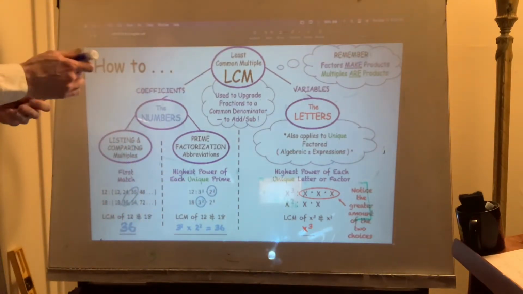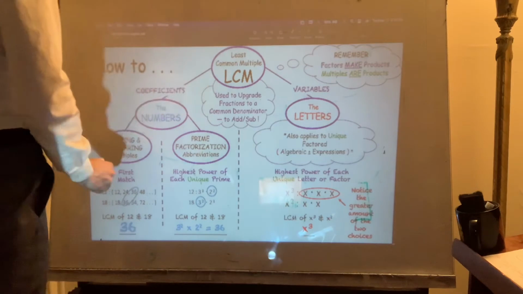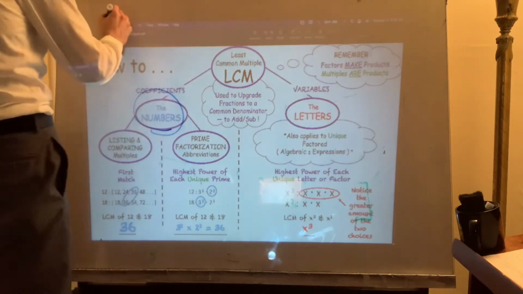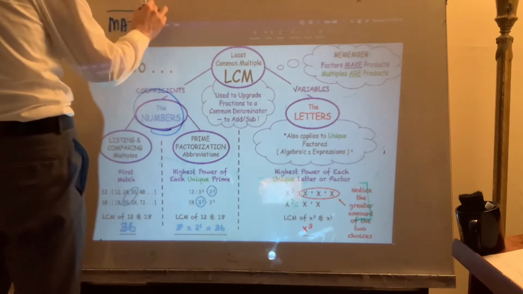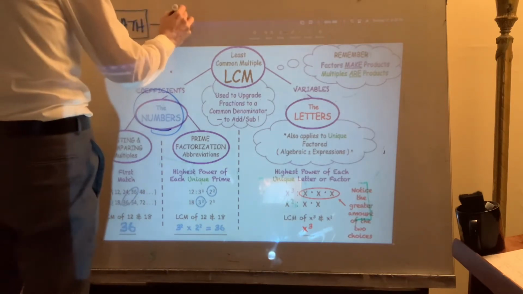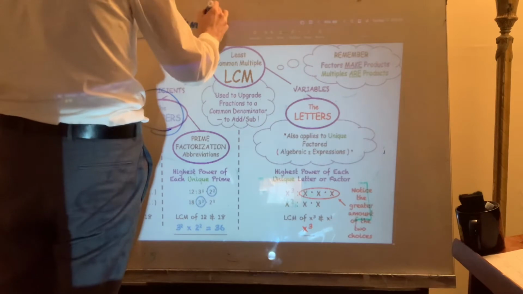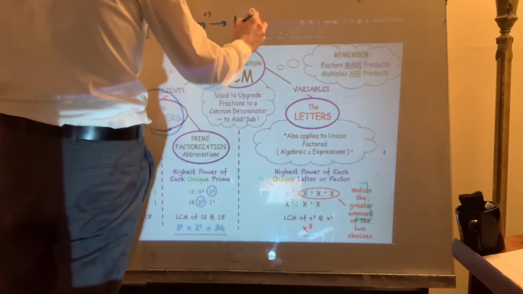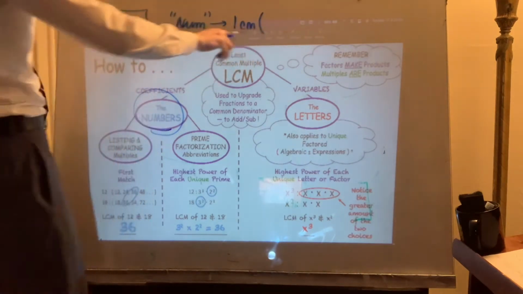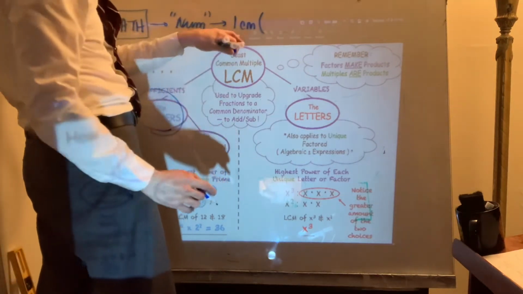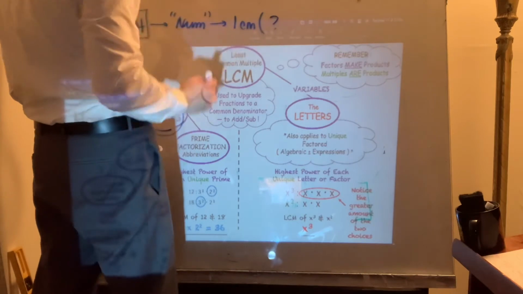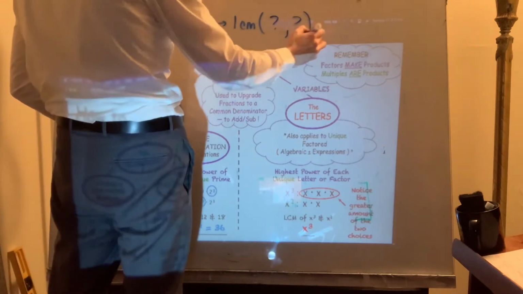If you're just looking for the number, you could use your calculator. There's a button on your calculator that's labeled math. You press that and then scroll over to the number option and then go down the list. What you should see is LCM in the style of a function. If you're just comparing two numbers, then you would type LCM, whatever the first number is, a comma, whatever the second number is, and then close it.